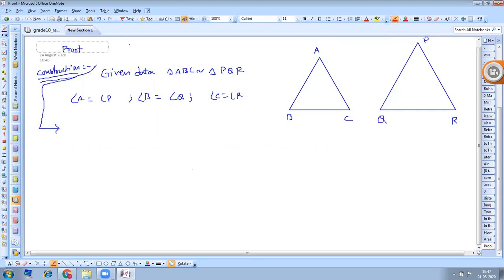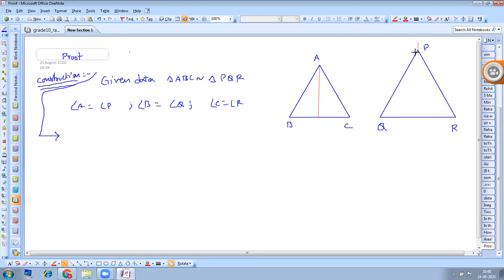Suppose I'm taking one perpendicular from A. From whichever vertex you take, take the corresponding vertex in the remaining triangle also. Don't take some other different vertex here. So corresponding to A is P. So from the same vertex I am taking one more perpendicular. These two perpendiculars will act as the heights of the triangles.